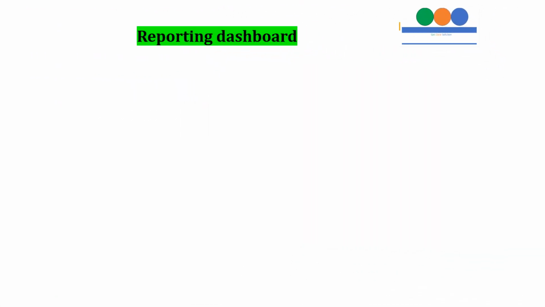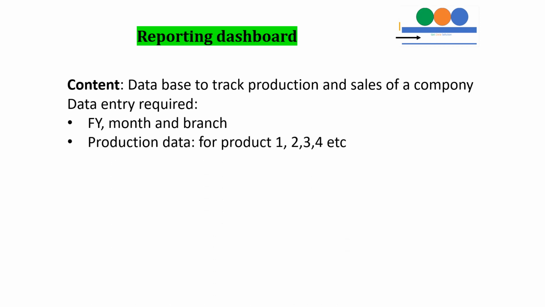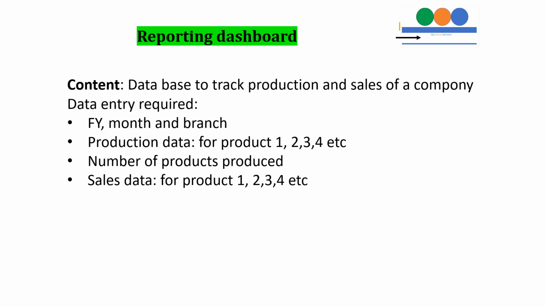Let's come to the content. The content of this dashboard is a database to track production and sales of a company, given whatever product they may have. The data entry required, we require to enter fiscal year, month, and branch, production data for product 1, 2, 3, etc. That is the number of products produced. The sales data for products 1, 2, 3, 4, etc. And the number of products sold.